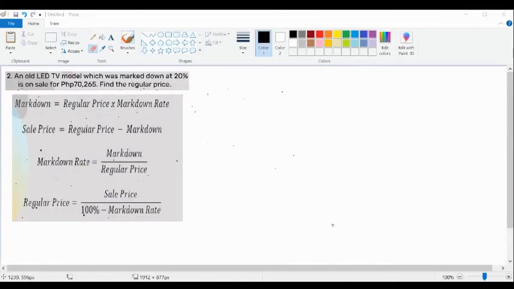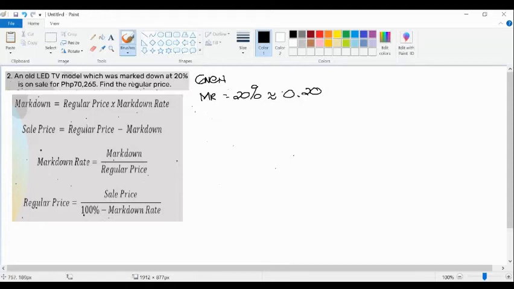Example number 2. An old LED TV model which was marked down at 20% is on sale for 70,265 pesos. Find the regular price. So let's always identify first your given. We have the markdown rate of 20%, which is also equal to 0.20.